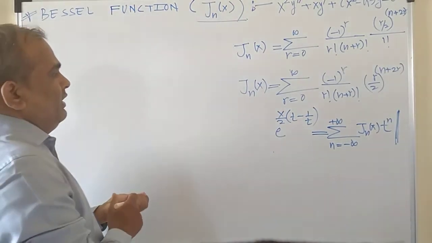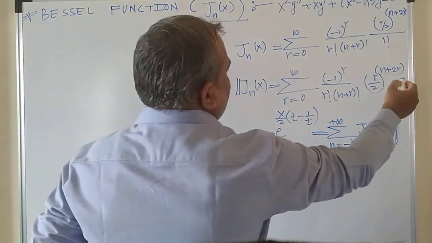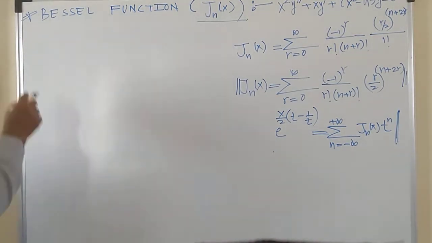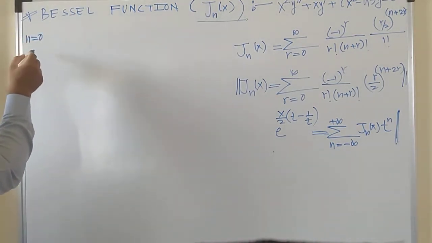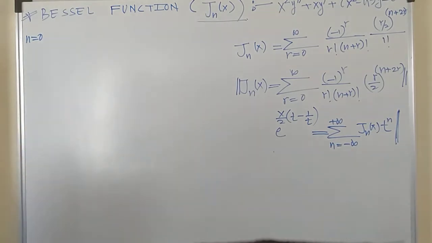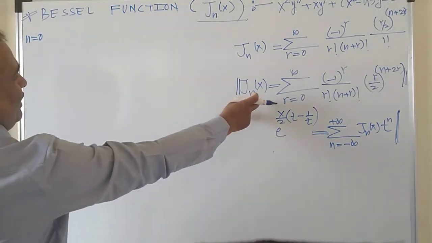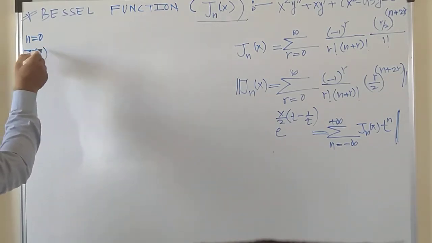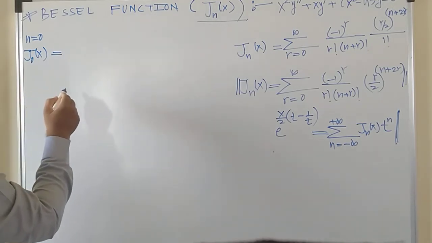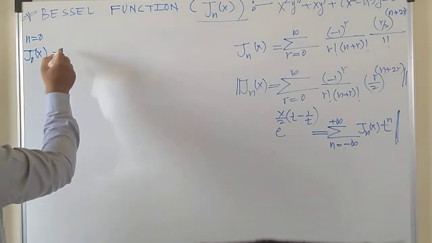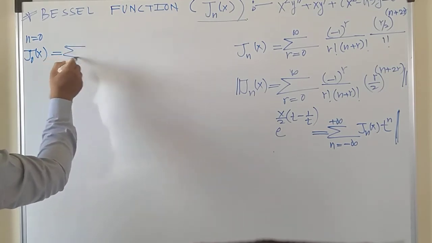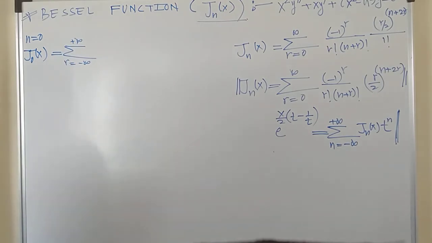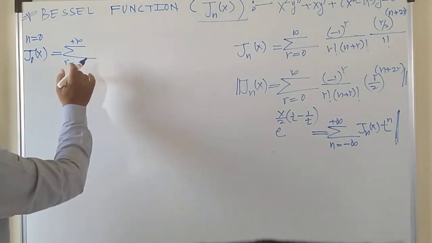So let us use this relation for Jn of x, the Bessel function of the first kind, for n equals 0, 1, 2, etc. If you put n equals 0 here, you will get J naught of x, which is equal to summation, r runs from 0 to infinity.